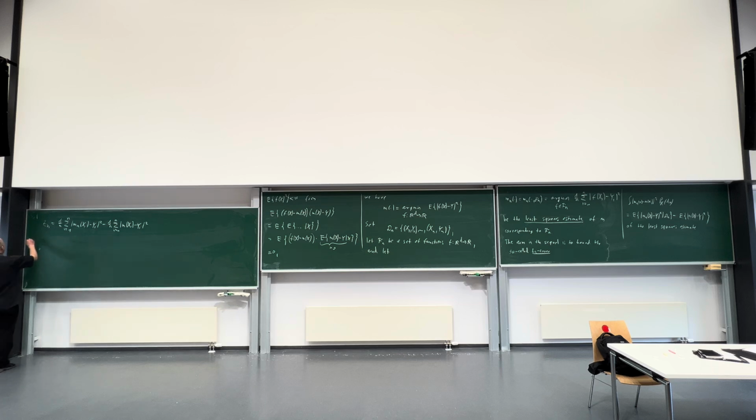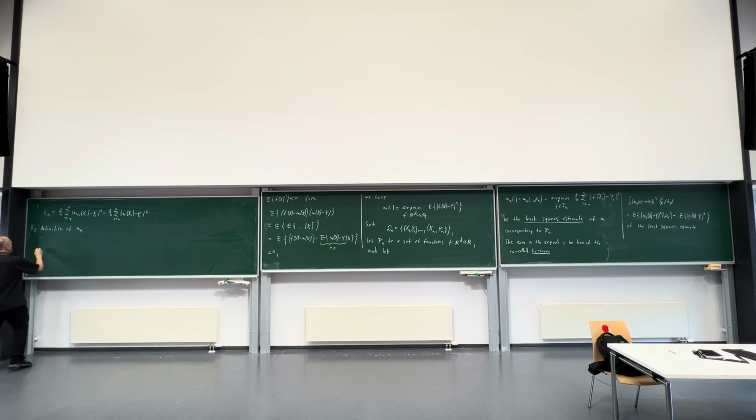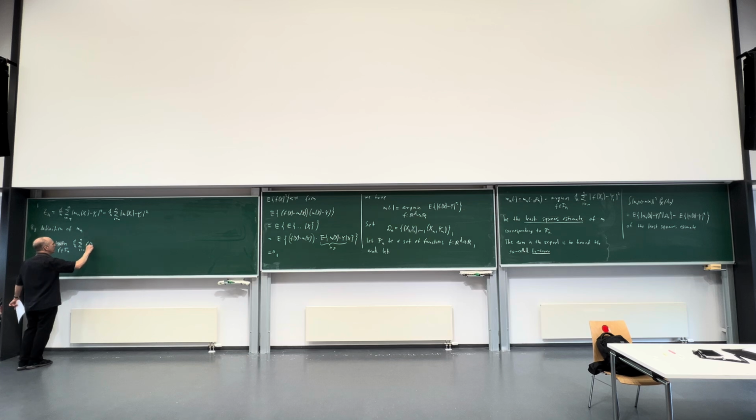By definition of mn, you see that the first term is equal to the infimum or minimum over f in Fn of 1 over n, sum over i, of (f(Xi) minus Yi) squared.